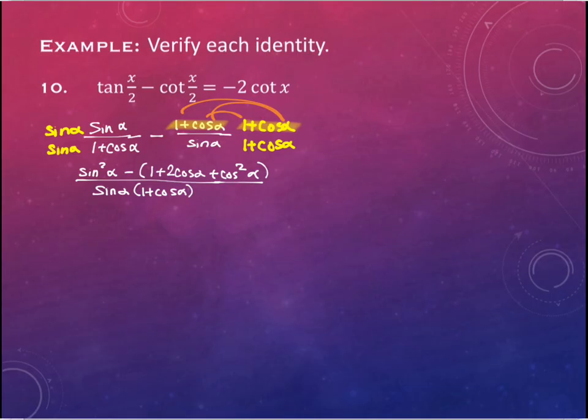Okay, let's see where we are. We have sine squared of alpha minus 1 plus 2 cosine of alpha plus cosine squared of alpha. Sorry, I should have had a subtraction there and here.